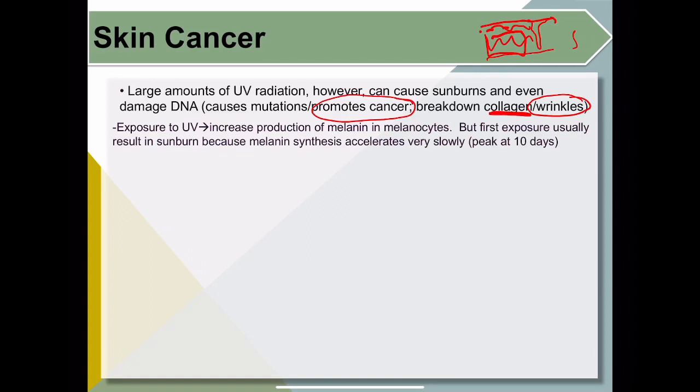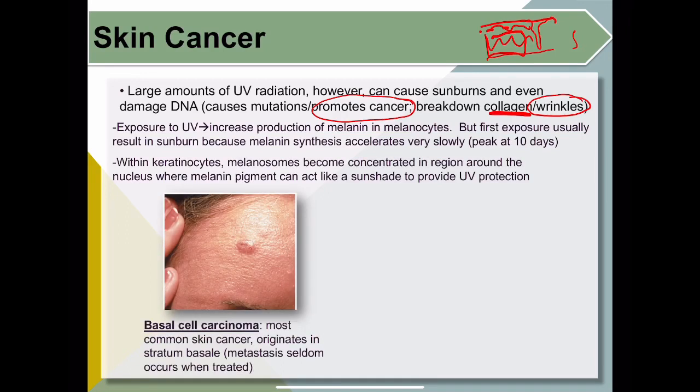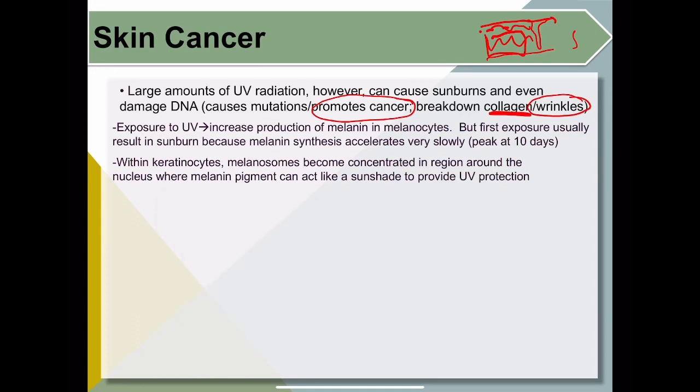All right, so the next question you may have is, how can we get the little bit of sun we need for production of vitamin D3 if all that sunlight we were talking about causes DNA damage?